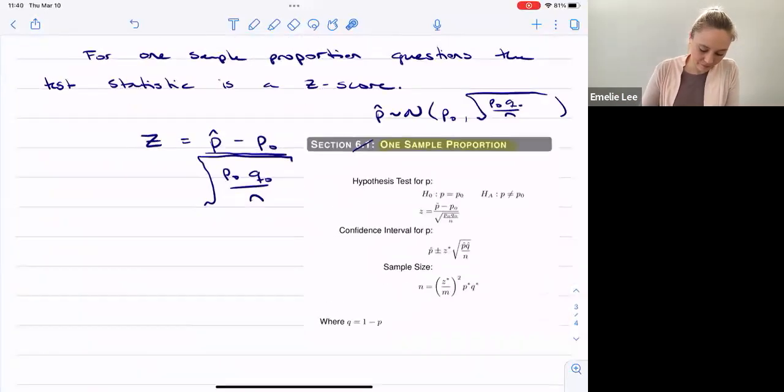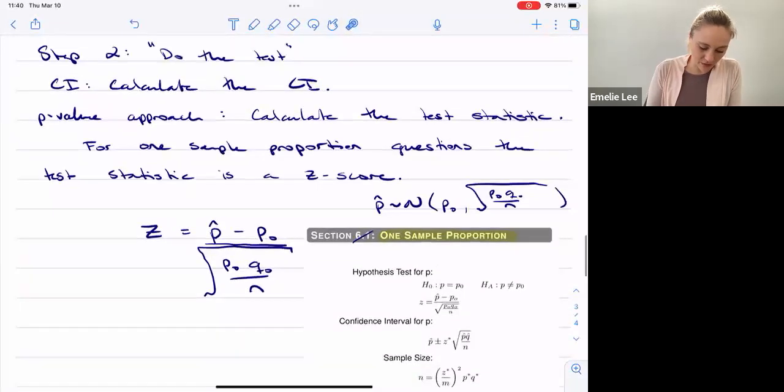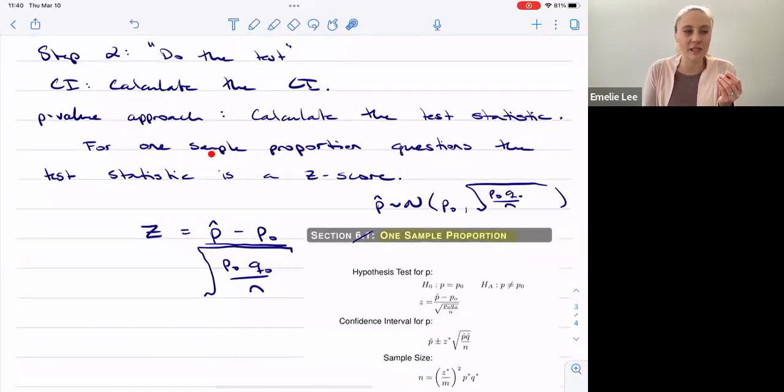So in step 2, when we calculate the test statistic, we're going to end up with a Z-score. That's going to feel like familiar territory, because I know how Z-scores work. I can find areas under the curve, and those areas are probabilities associated with this Z-score.